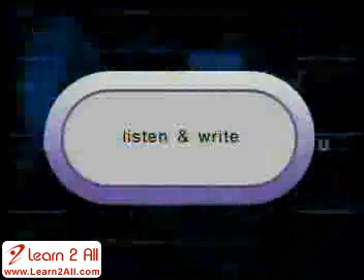Listen and write. Listen to these words and write them down. Number 1, tables. Number 2, arm. Number 3, furniture. Number 4, yellow. Number 5, stomachache.